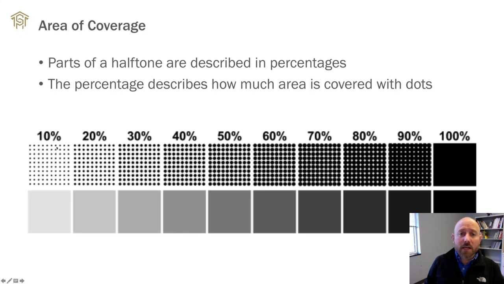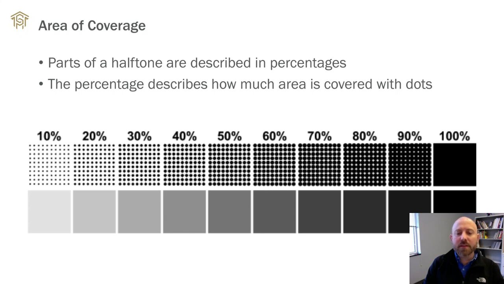What that directly correlates to is 10% of this area being covered by black dot, and that's going to simulate a very light gray. Then as those dots grow in size, they cover more area and simulate a much darker color.